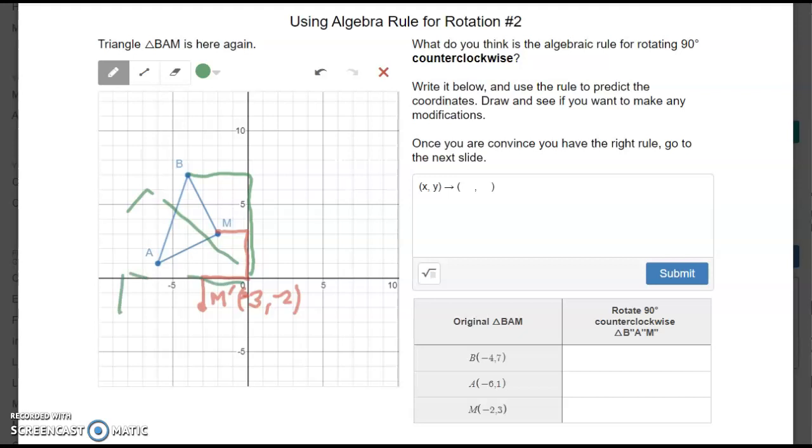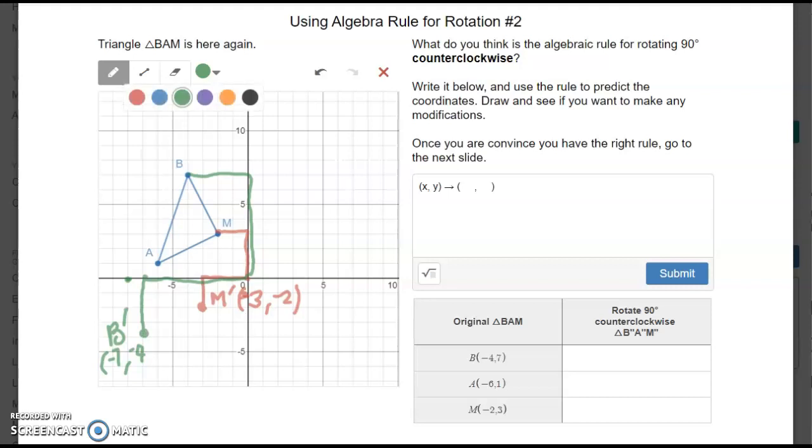So it's 7 across and 4 down. That will be my B prime, and it's going to have the coordinate of -7, -4.